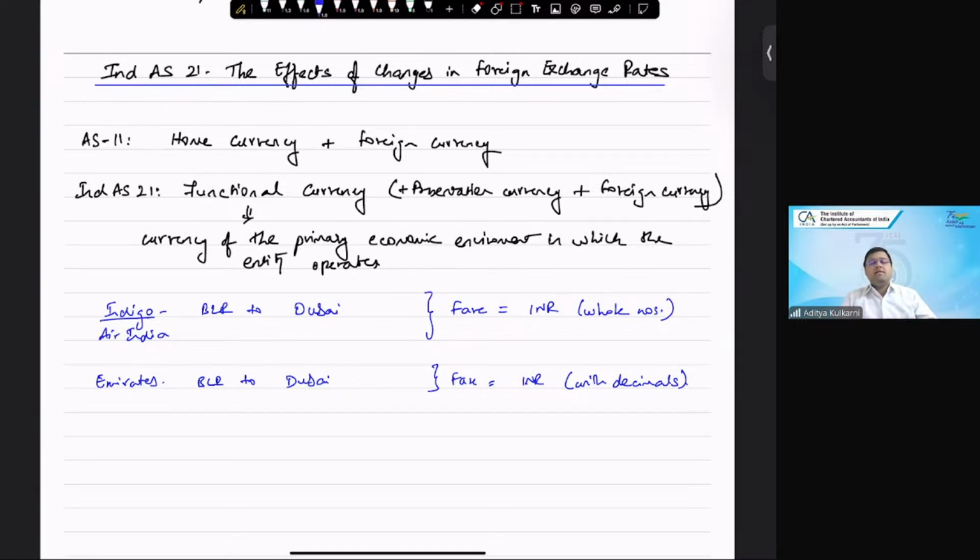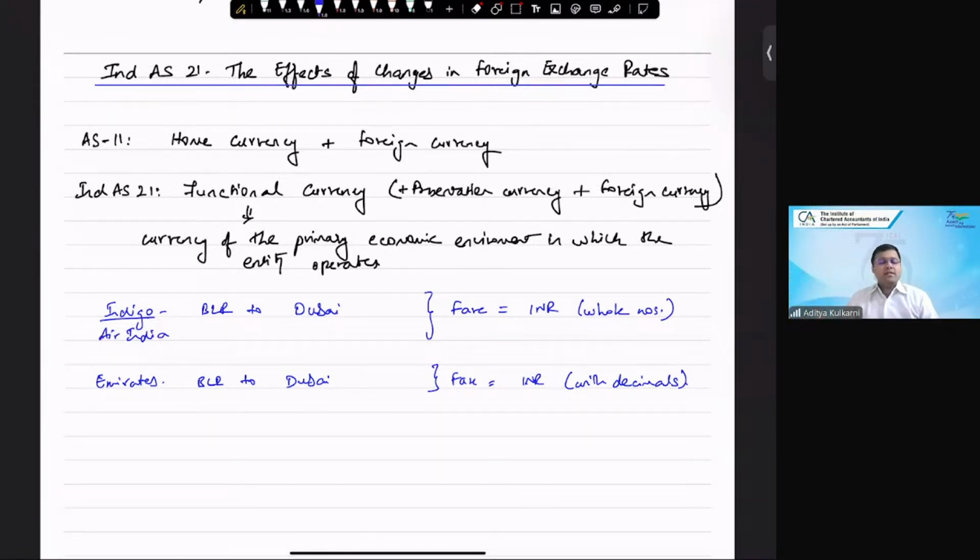Emirates is a Dubai-based airline, and therefore it is the Dubai economic environment that determines the pricing of this flight, and then it is just a conversion that they do before displaying the fares. Are you able to understand? Yes? Yes, sir. All right.